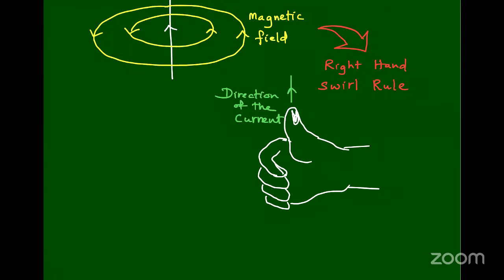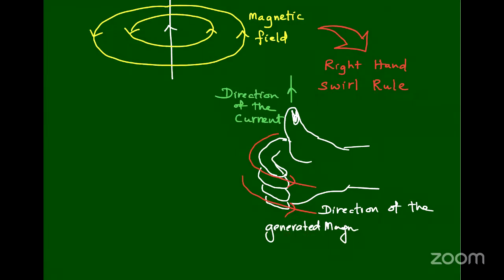So the other fingers bent in this direction, making a curved direction like this. That gives us the direction of the generated magnetic field, right?